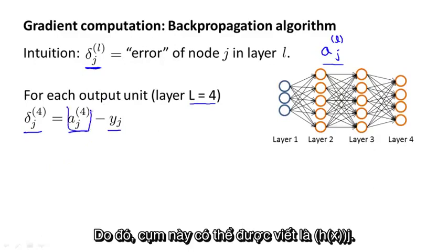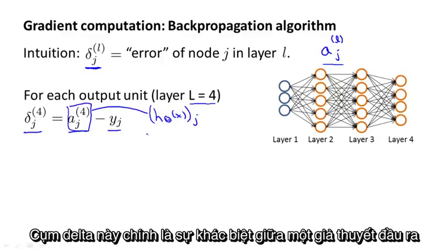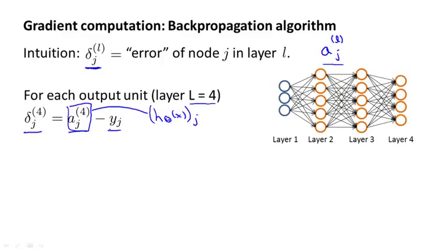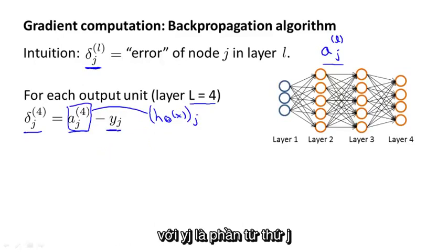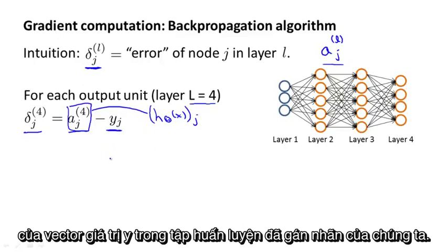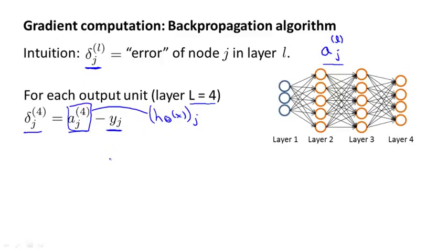This term here can also be written h of x subscript j. So this delta term is just the difference between what our hypothesis outputs and the value of y in our training set, where y subscript j is the jth element of the vector value y in our labeled training set.